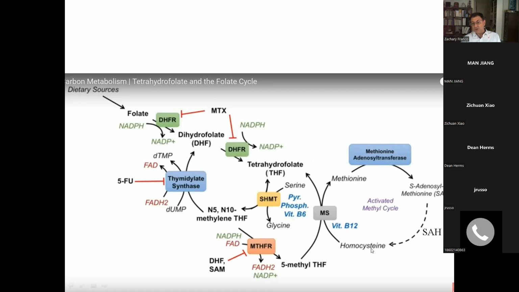Methionine does produce homocysteine in this cycle, and you need the vitamin B12 and this methylenetetrahydrofolate reductase to get rid of the homocysteine over there. And some people will talk about a SAM to SAH ratio, but I don't pay too much attention to that.